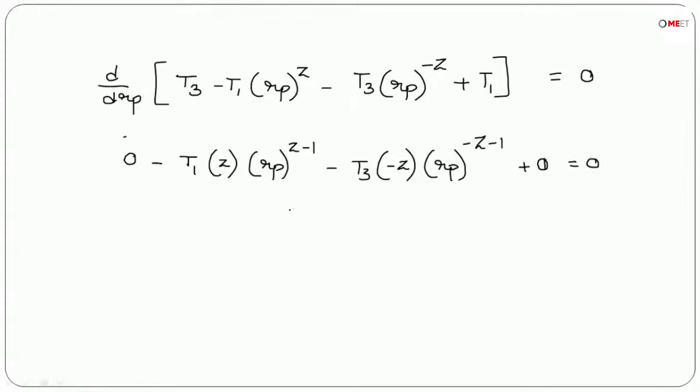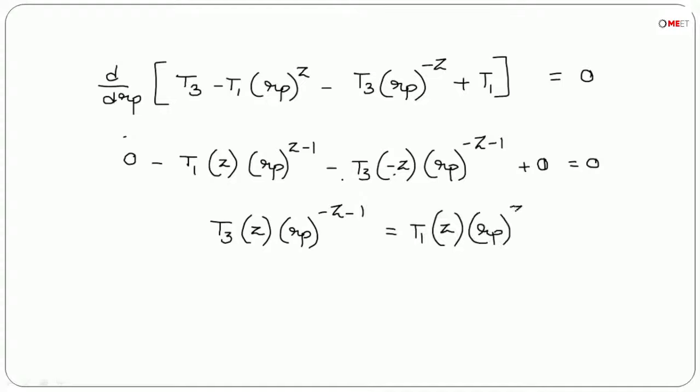This will be equal to 0. Now minus of minus z can be multiplied so that you will get a positive value. So T3 into z into Rp to the power minus z minus 1. So this is equal to T1 into z into Rp to the power z minus 1.